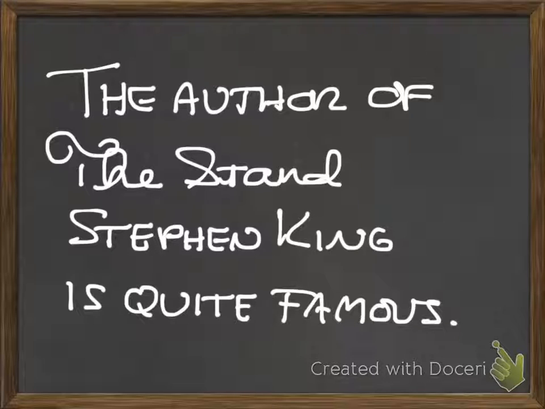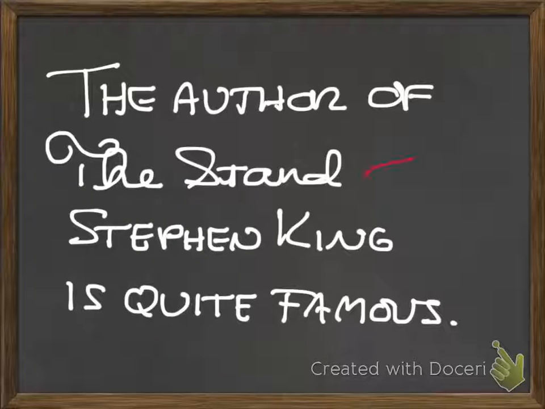Here, we have the author of The Stand, Stephen King, is quite famous. Again, Stephen King is the appositive. Right? It refers back to the author of The Stand. Is it essential or non-essential? Think about it for a minute. In this case, it is non-essential.